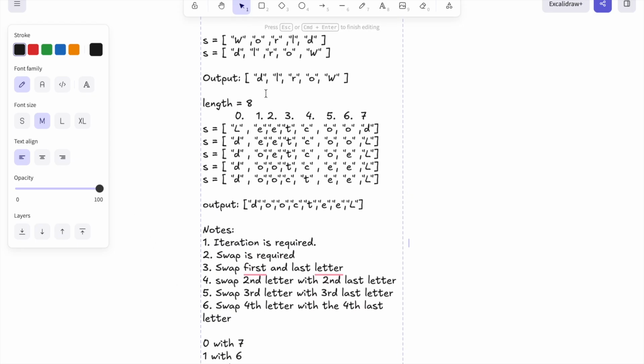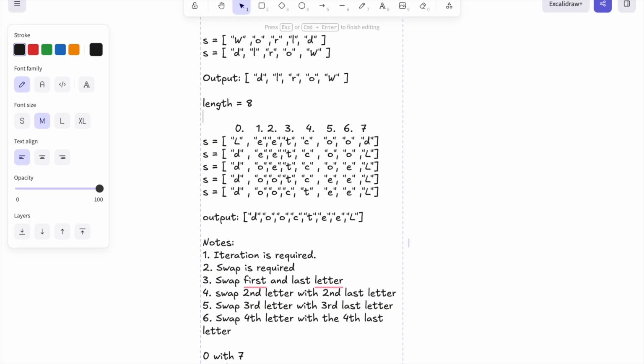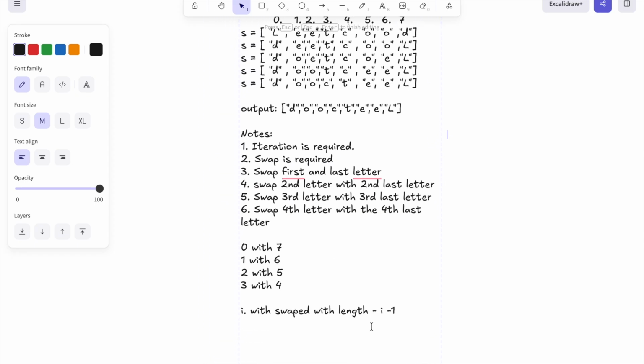So index starts from 0 to 7, so last index would be length minus 1, that is 8 minus 1, that is 7 in this case. So can we say that length minus 1 minus I is what we need to swap it with?